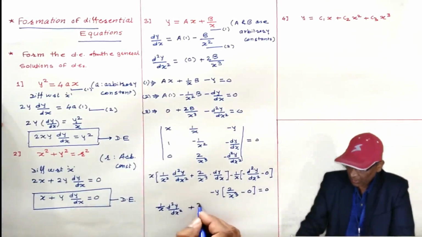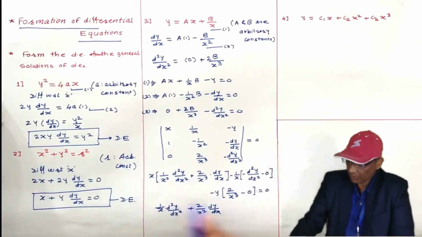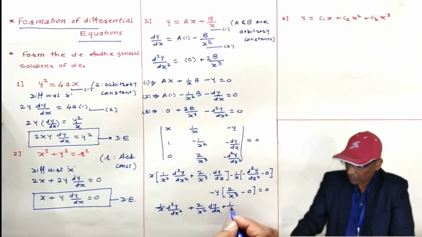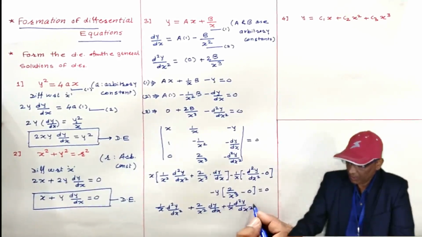Then 2 by x square dy by dx. x multiplied by these two terms, minus minus plus this term, and this term is minus 2y by x cube.